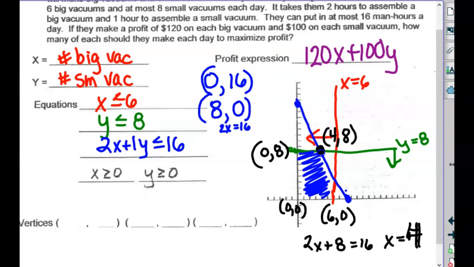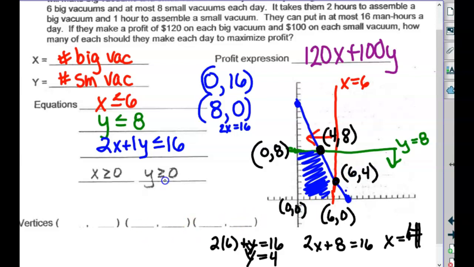This one right here, where the green meets the blue. Okay, how do we find the other one? X equals 6. So if I put x equals 6, I'll have 2 times 6 plus y equals 16, which is 12 plus y. Subtract 12, don't I get y equals 4? So this is x is 6 and y is 4.